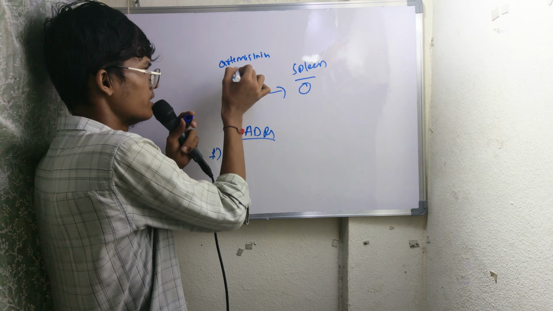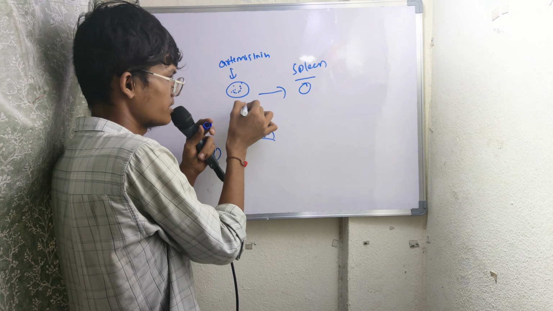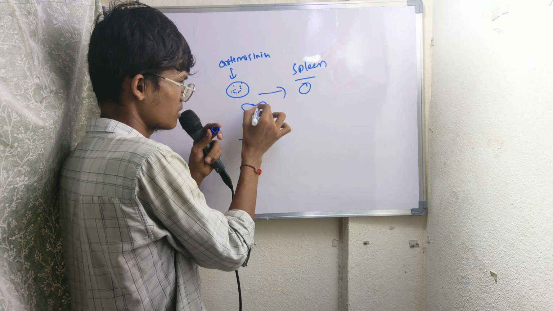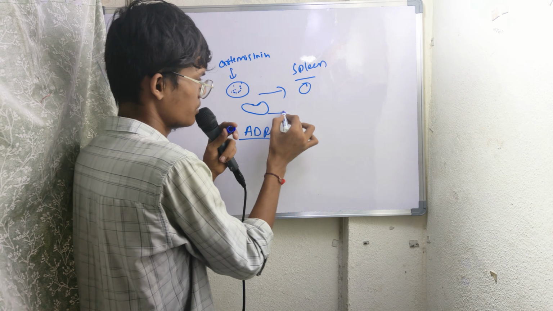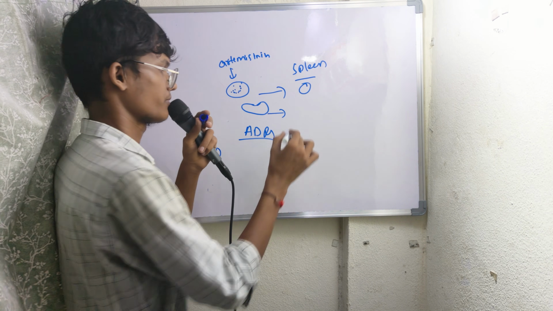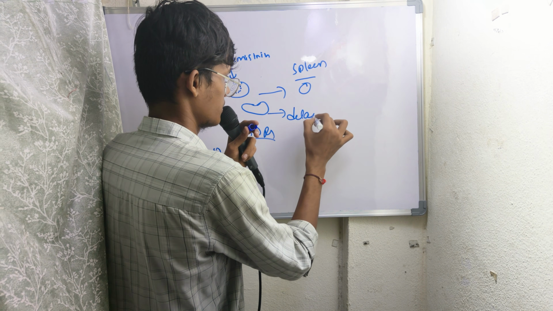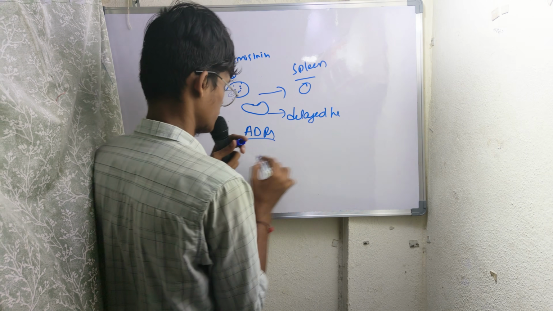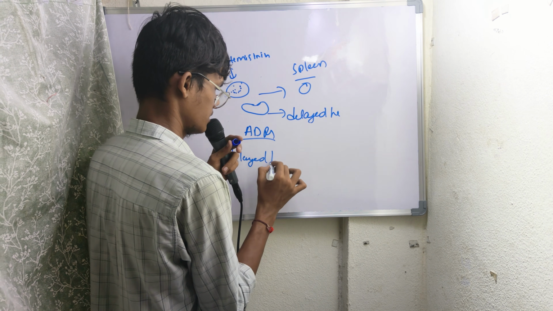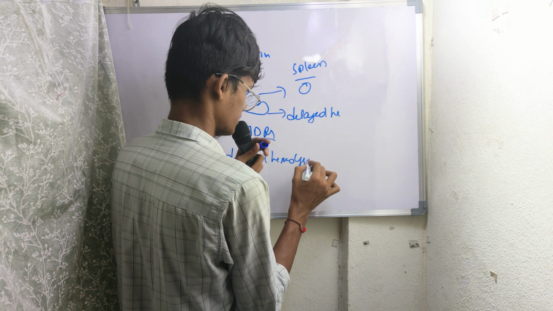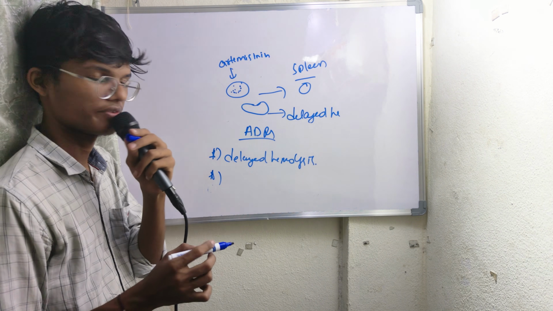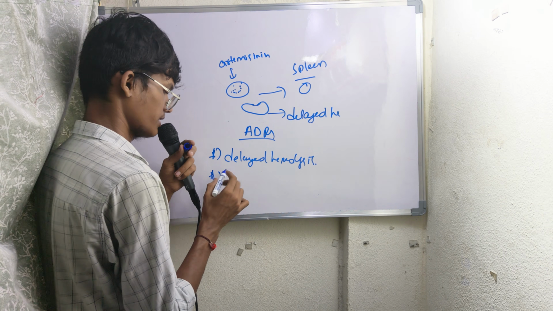But during this action, there will be some sort of distortion, some sort of notch-like formation, due to which the spleen will clear them, but it will be delayed. Delayed hemolysis. Post artemisinin therapy, we can see this delayed hemolysis.